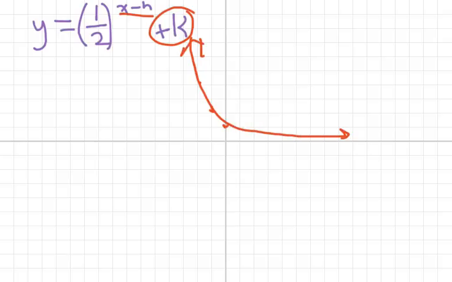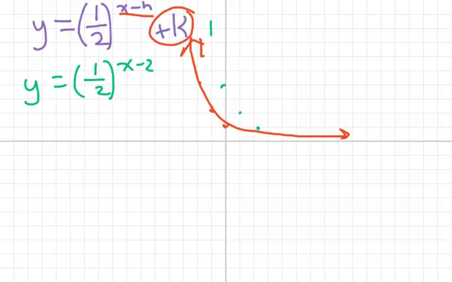All right, we're going to shift this to the right by 2. So basically, I'm going to write y equals 1/2 to the x minus 2. That means I'm just shifting my points over by 2. And so it's something like this. You just shift it over by 2. And there it is. Same horizontal asymptote at y equals 0.